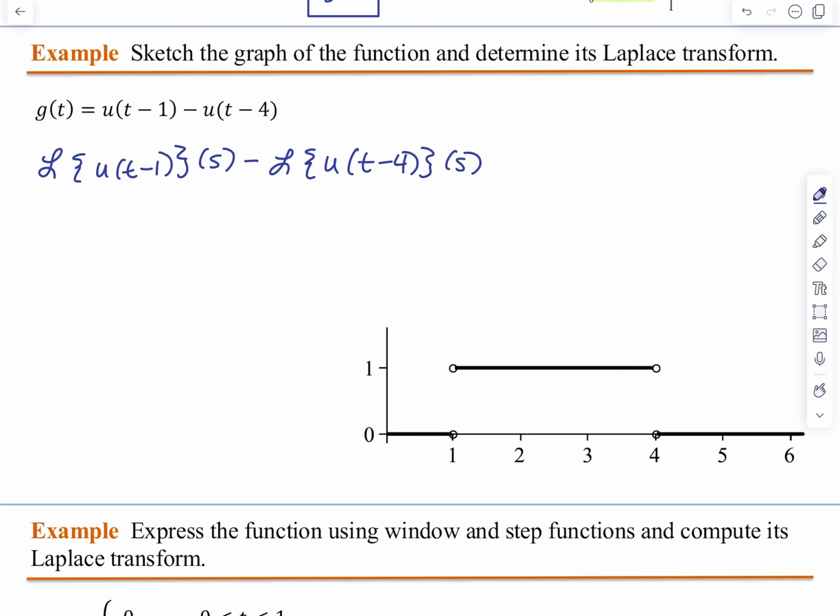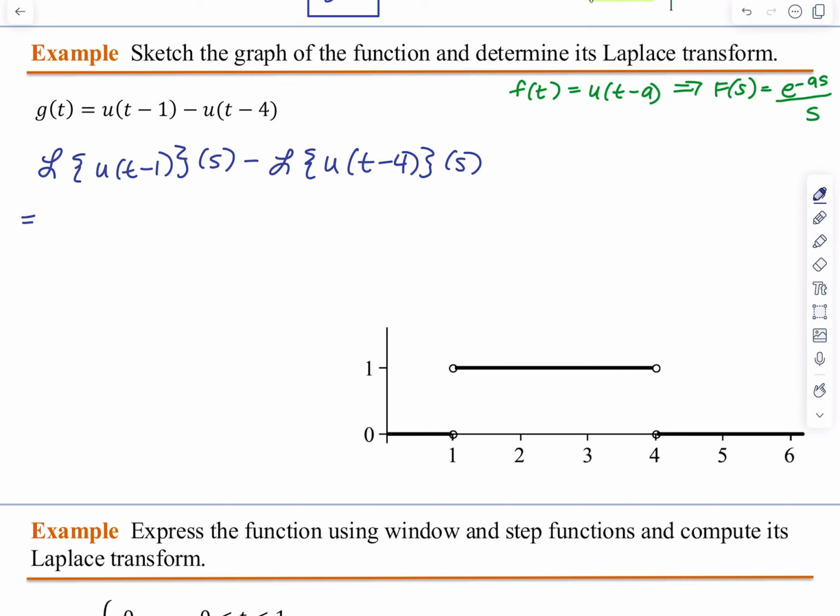And we can remind ourselves of our Laplace transform when f of t is equal to u of t minus a. We have F of s equal to e to the negative as over s.